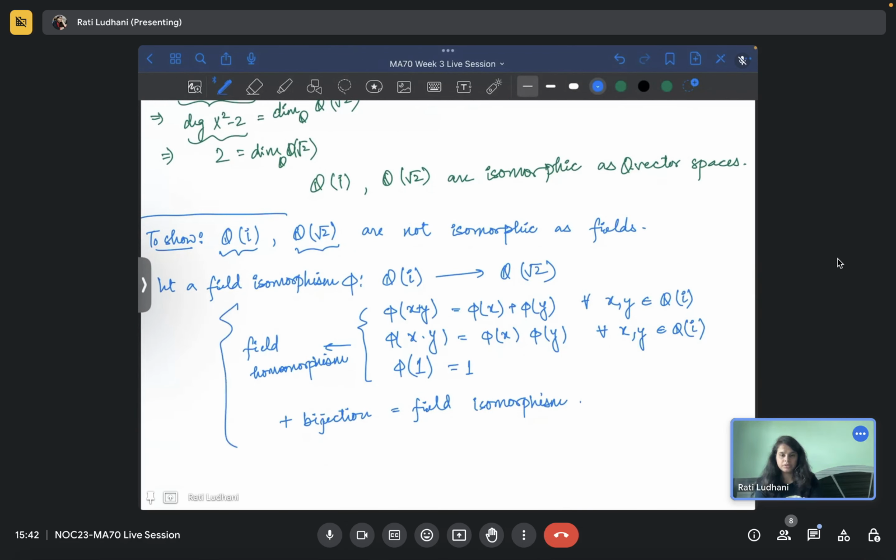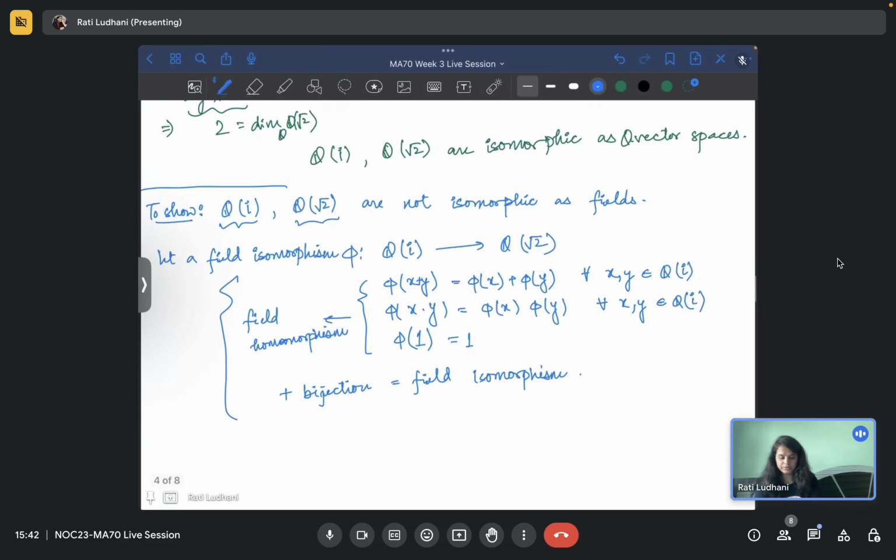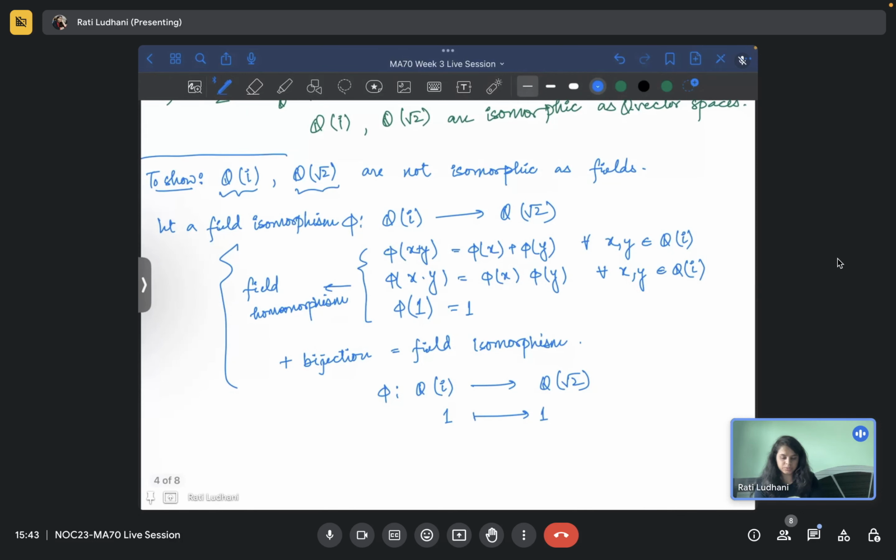To define a field homomorphism from this to this, which element should I be concerned about? You know that 1 goes to 1, and that x plus y goes to phi of x plus phi of y.